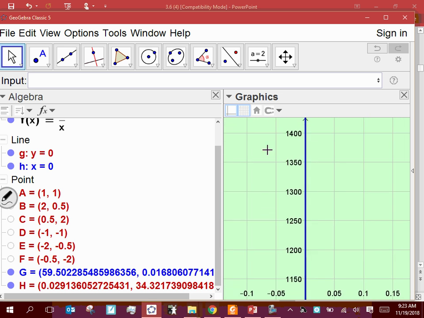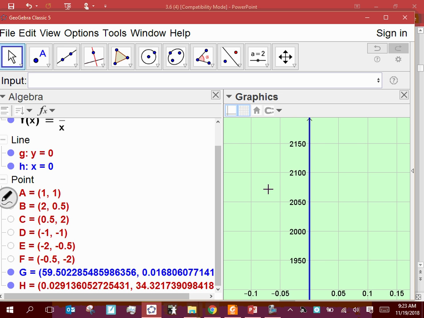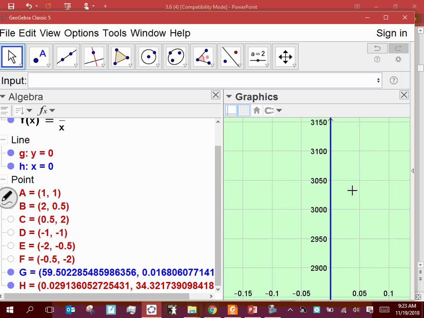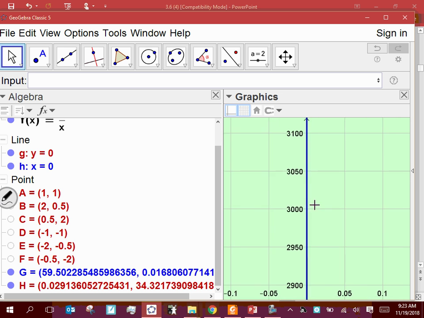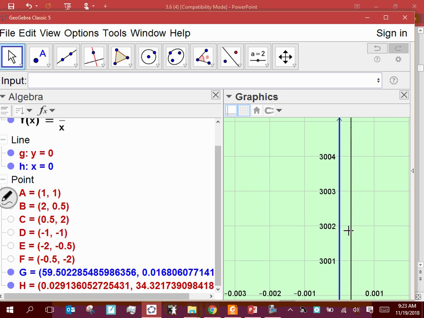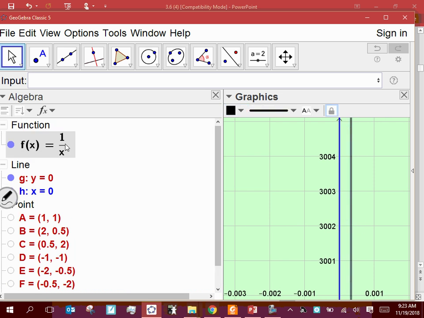Now, whether you think 1,500, 2,000 are very, very large numbers, that's your opinion, but relatively compared to a billion, those aren't very big. But the idea is at a y value of 3,000, I should still be able to zoom in. You see, when I click there, that is the curve 1 over x. Click there, that is my asymptote. Is there still a gap between them?